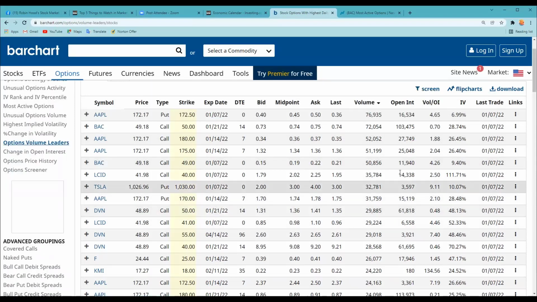The DTE is very important to be aware of. It's the number of days until the option expires. Looking at this on a weekend, whether it be Saturday or Sunday, we want to avoid anything with a 0, because it's no longer active. It's no longer valid. By tomorrow on Monday, it's going to disappear. So we need to focus on the ones with numbers.